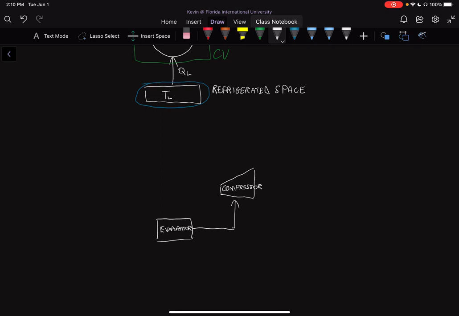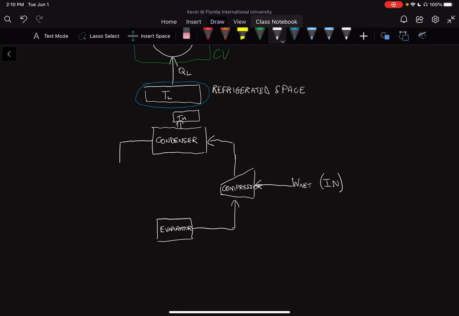This compressor then compresses the fluid through net work coming into the system. So our net work is going into the system. And this R134A is now compressed and goes through a condenser. So it exchanges heat with TH, with our kitchen air essentially.